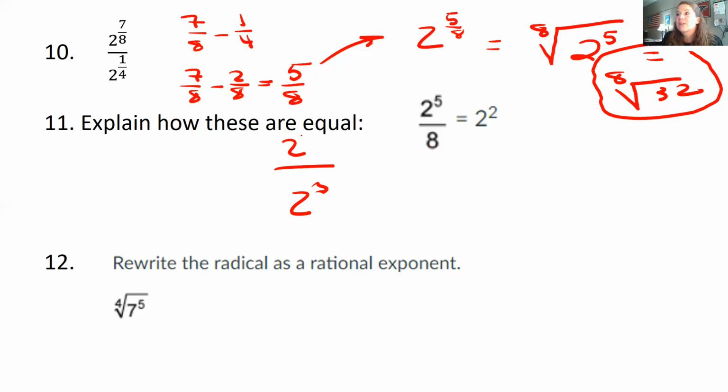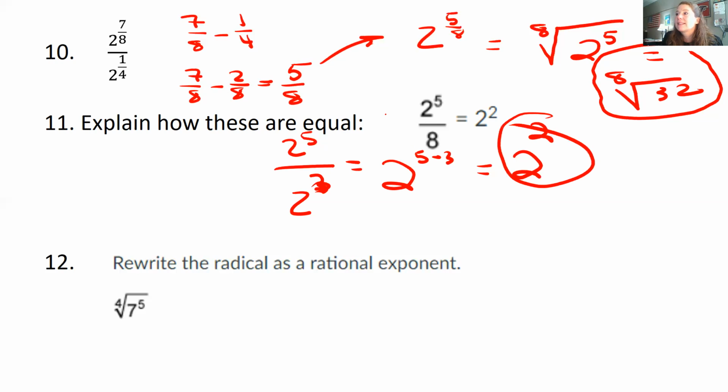So basically I could write 2 to the 5th power divided by 2 to the 3rd power. Well, now I have the same base being divided. So what do I do with their exponents? I subtract 5 minus 3. And that's how it equals 2 squared. Ooh, what a mess.